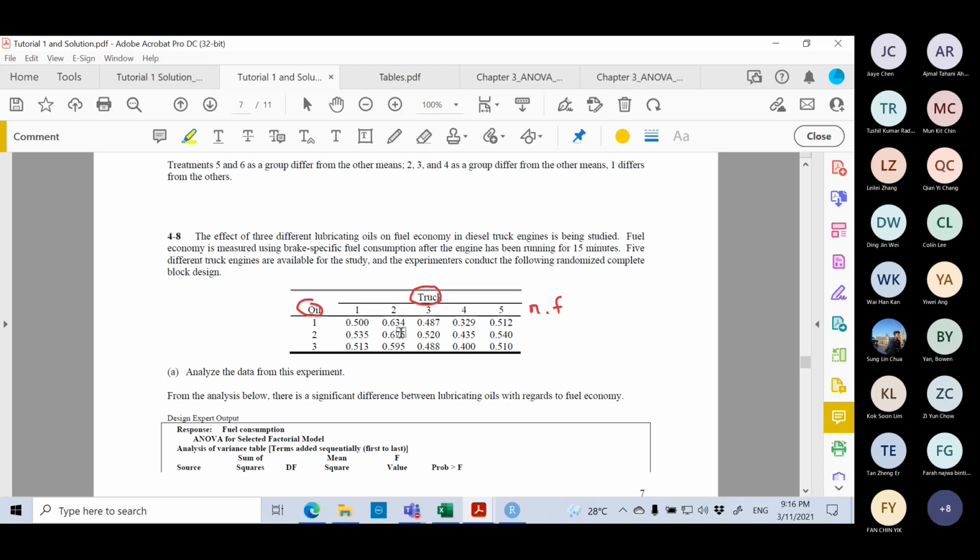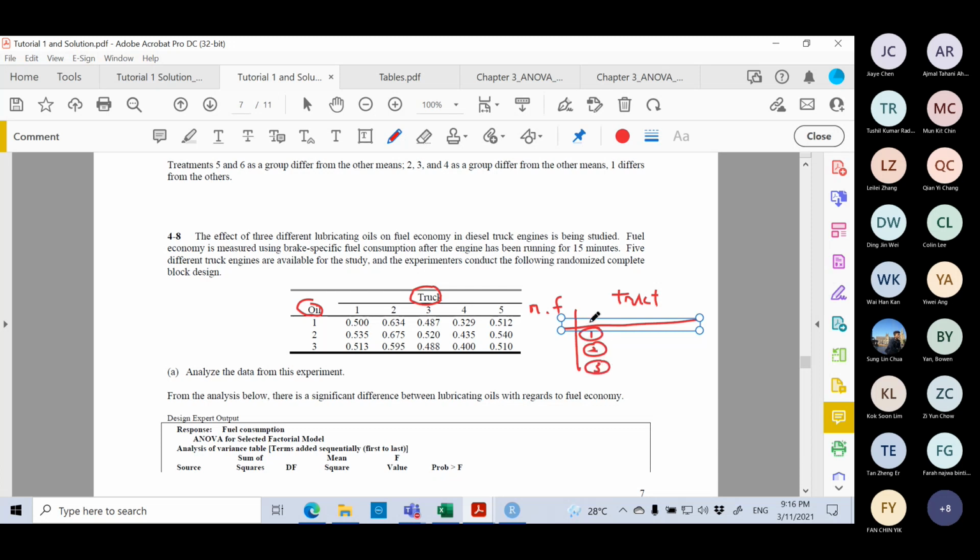The second category, you have 3 engines. And the third category, you also have 3 engines. Before that, you don't have any data at all. You have the raw material or the engine only: engine number 1, engine number 2, engine number 3.